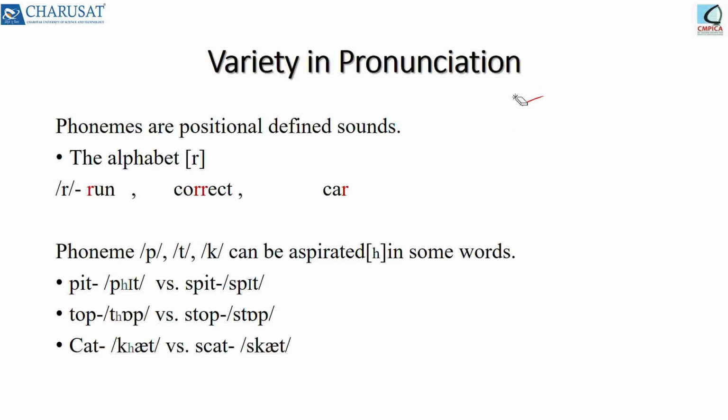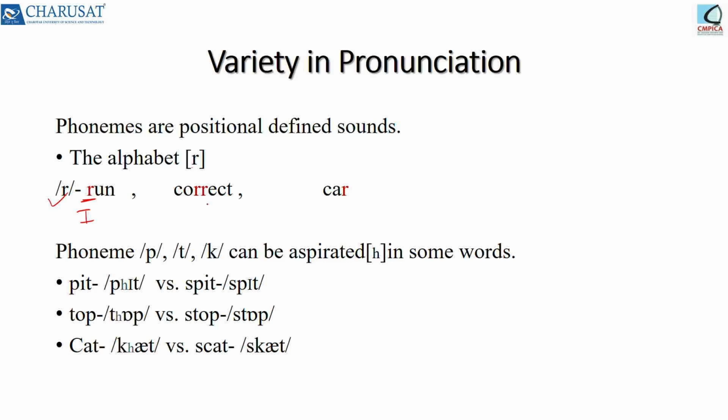Over here, there is a nice example, variety of pronunciation of phonemes. If we are going to know that there are phonemic sounds, you need to identify those with their position. So let's take the alphabet R and the phoneme R. R, when it comes as an initial sound or the first sound, it would be pronounced as R only.